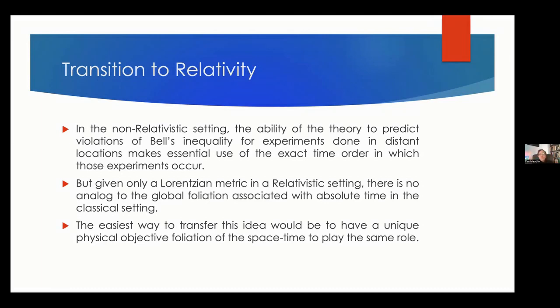And one answer, one that I have always thought was kind of reasonable, is to say, well, if I really need it physically, I'll just put the foliation back in, right? I will add it, even though it's not part of classical, special, or general relativity. I'll put it back in, in order to use it to implement this non-locality that Bell discovered.